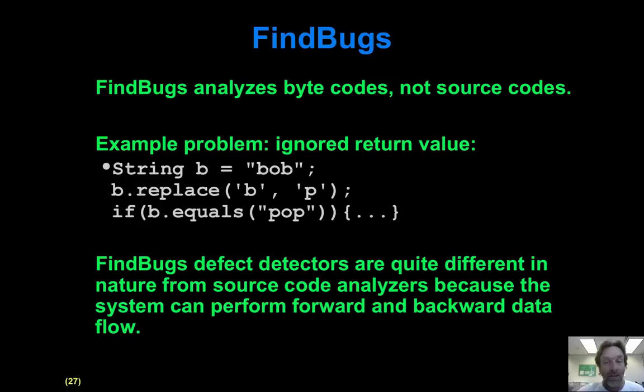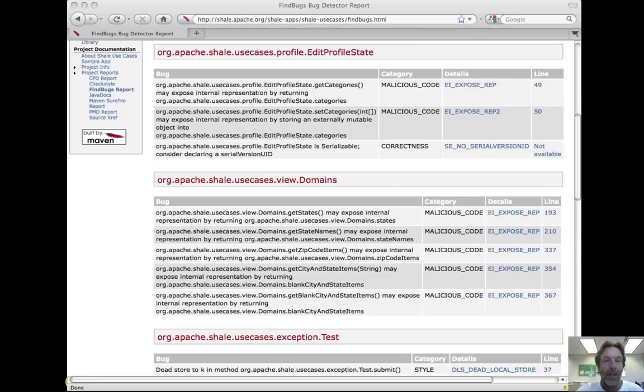So FindBugs can flag that, whereas CheckStyle and PMD aren't able to detect those kinds of errors, because they're not able to understand the flow of data and control through the program the way FindBugs does. So here's the kind of output that you can get from the FindBugs analysis.